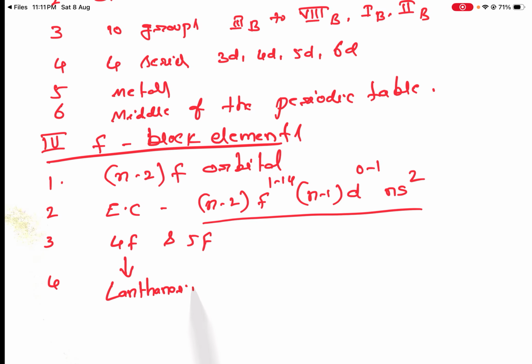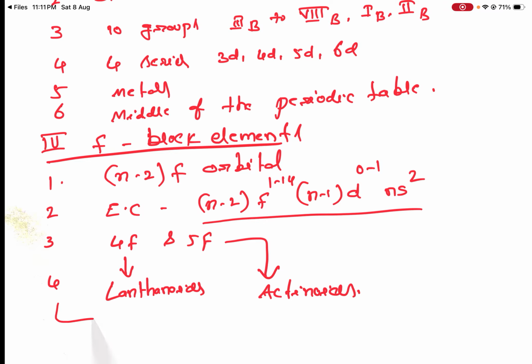The 5f series is known as actinoids. So the third point is f block contains two series, 4f and 5f. 4f series are known as lanthanoids, 5f series are known as actinoids.